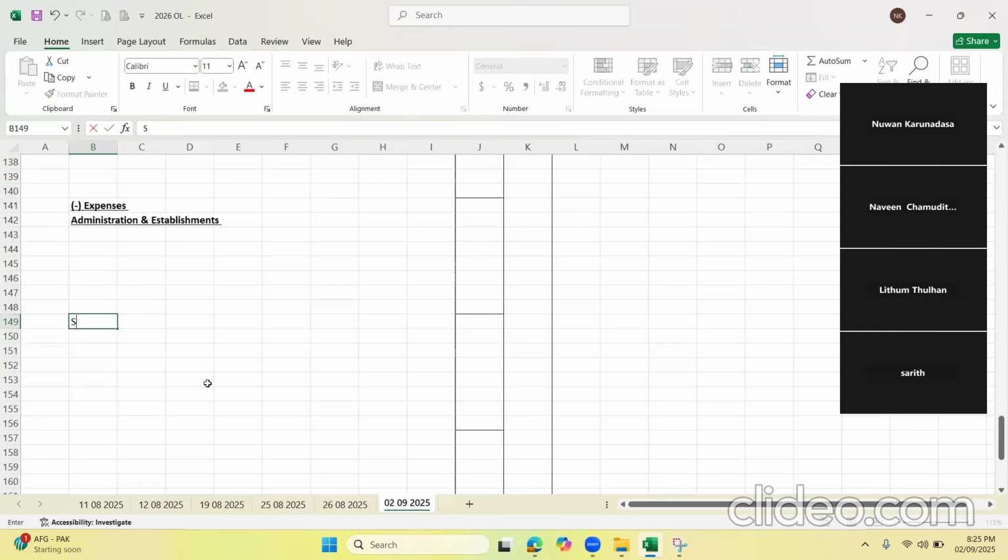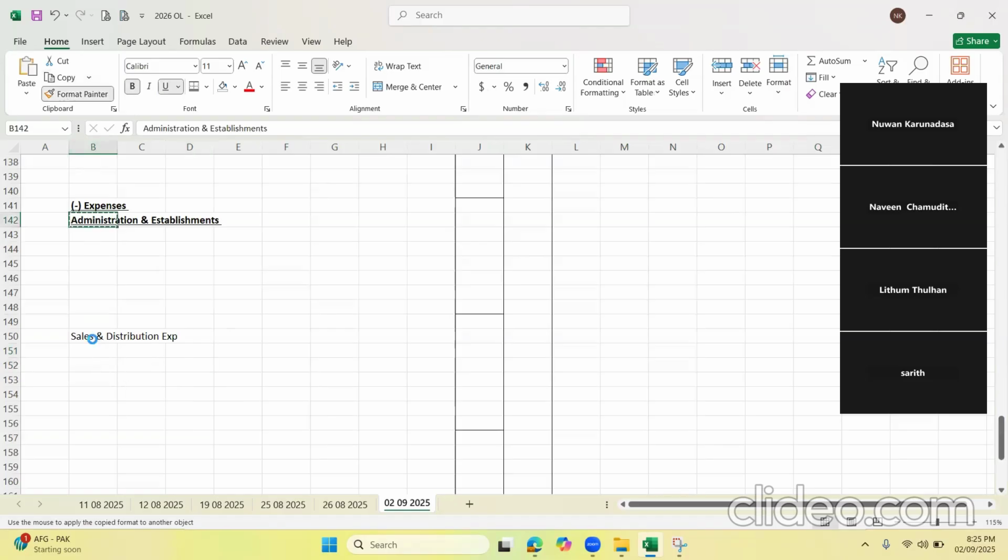Then sales and distribution expenses. You want to classify all the expenses. Sales and distribution expense.